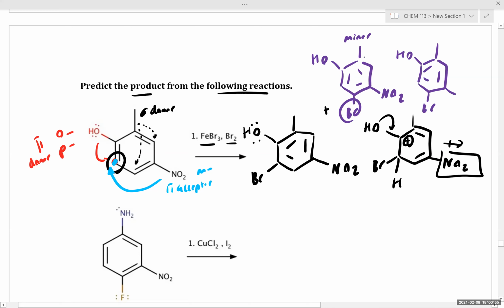Yep, that is true. If we tried to install a substituent at this ortho position, there's a steric issue. Remember, when we have meta disubstituted compounds, generally it's very hard to install a functional group in between your two substituents. So you don't see this bromination product due to sterics. Does that idea make sense?